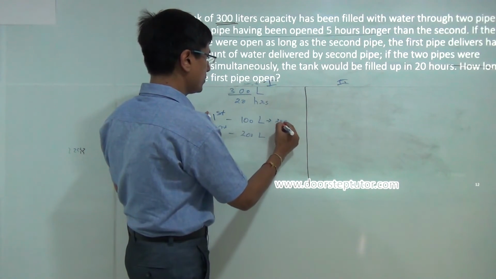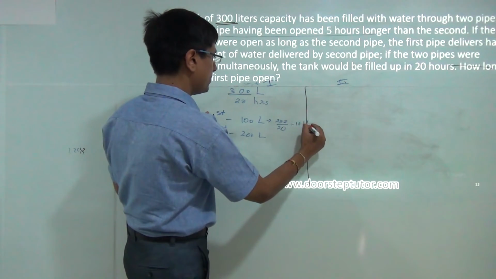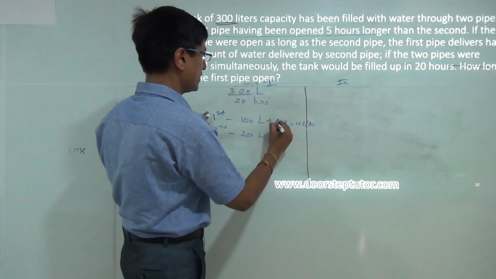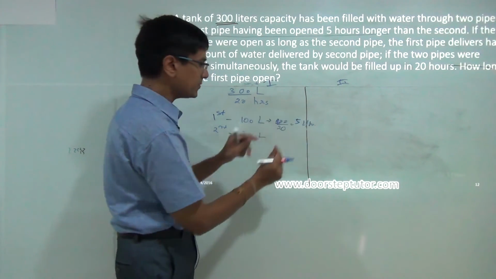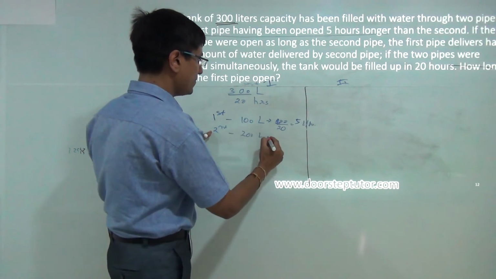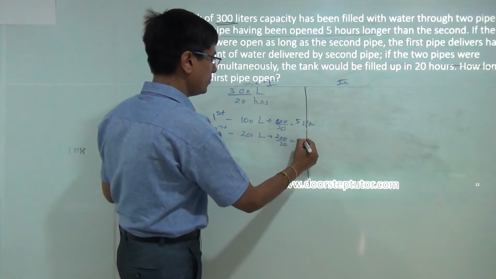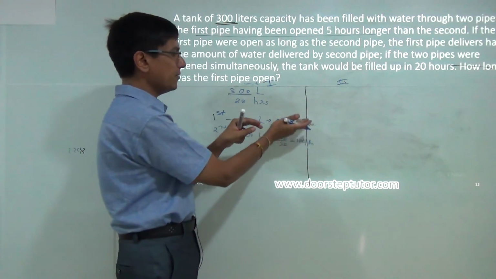It is 100 divided by 20, which is equal to 5 liters per hour. For the second pipe, the rate becomes 200 divided by 20, which is equal to 10 liters per hour. Obviously, the rate of the second one is double that of the first.